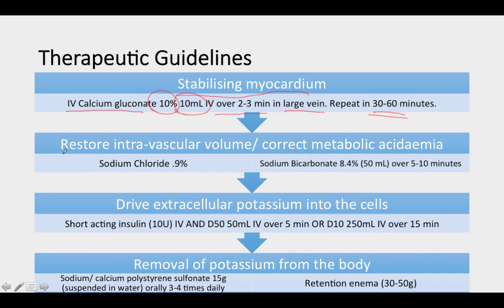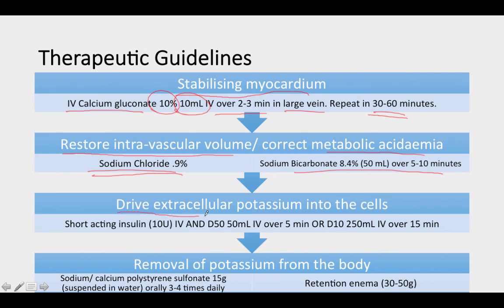They recommend the next step is to restore your intravascular volume to get delivery of sodium and water to that distal nephron. You can do that with sodium chloride, particularly if your patient is hypovolemic or even euvolemic. Or if you have an acidemic patient, you can give some sodium bicarbonate for what it's worth to try and neutralize that acidemia and stop the hyperkalemia because of that.